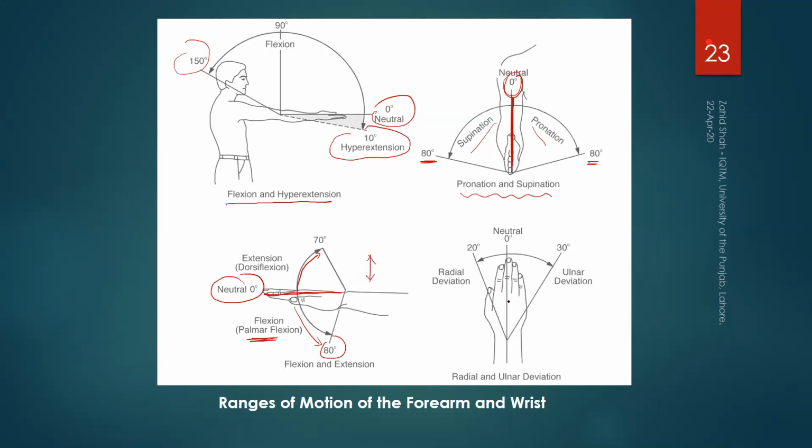And if you are having your hand in this way, so this is the neutral line, 0 degree. So you can bend it 20 degrees in the radial direction and 30 degrees in the ulnar direction. So ulnar deviation and radial deviation with respect to this neutral line. So this is also an example of functional anthropometric data.